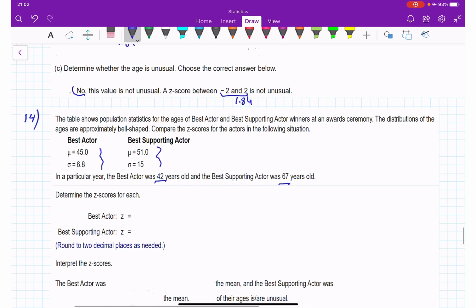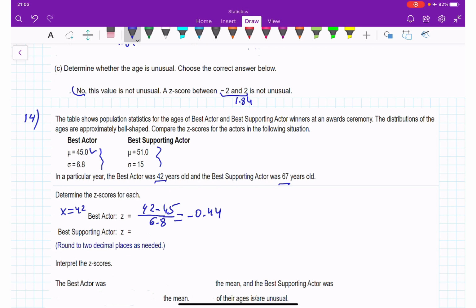We need to find the z-score for each. For the best actor, x is 42. So 42 minus mu 45, right here, and divided by 6.8. That is going to be negative 0.44.